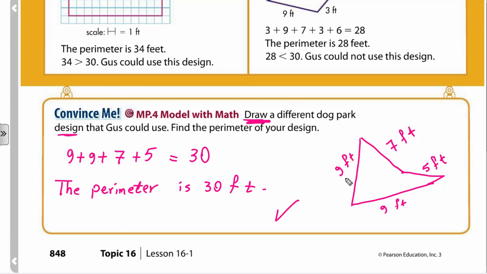And you can try to make another design, but not now because now we need to move to the next page. Okay, Hassan? So it's okay to try another design because the question asks us to draw any design.